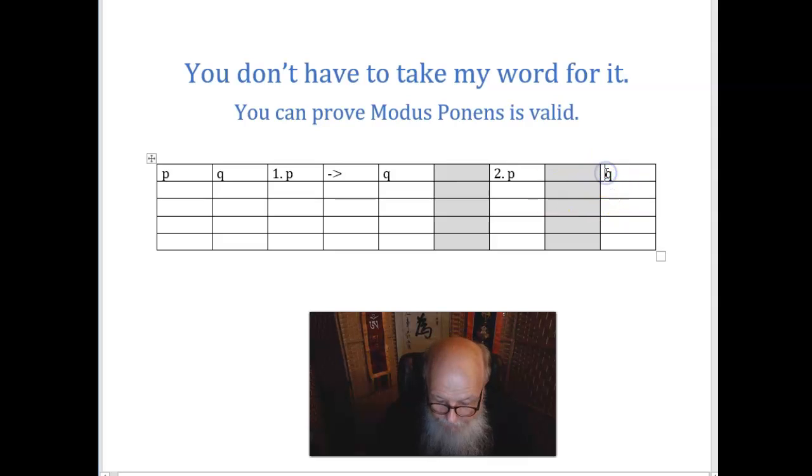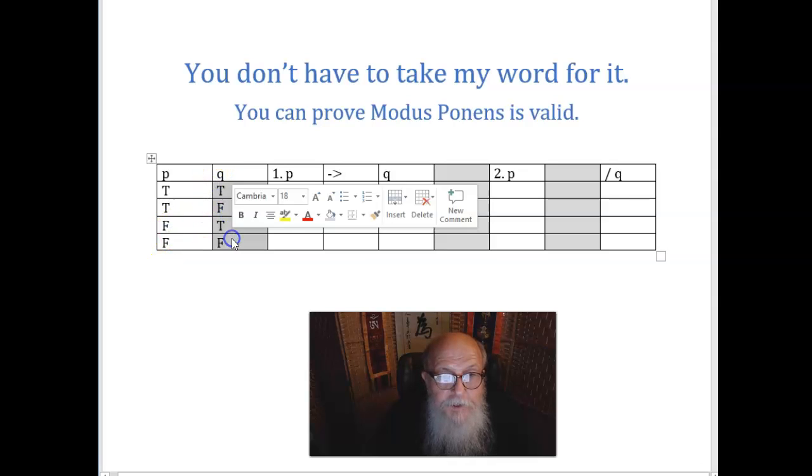And I'll put my conclusion indicator there, and there's my conclusion. Now I put in my truth values. I'm going to hit caps lock. True, false, true, false, true, true, false, false.